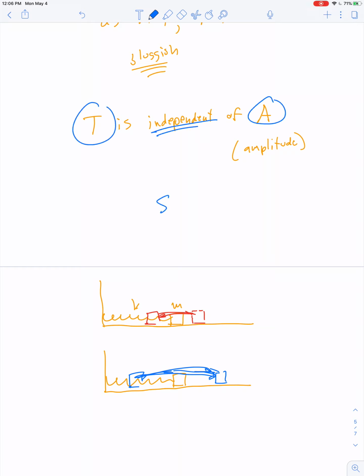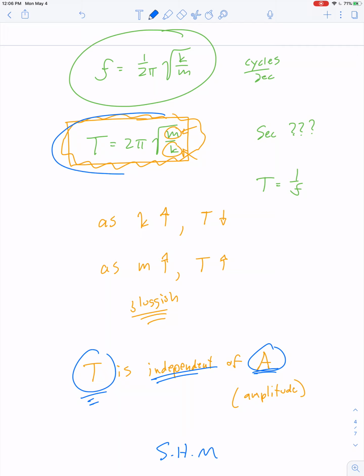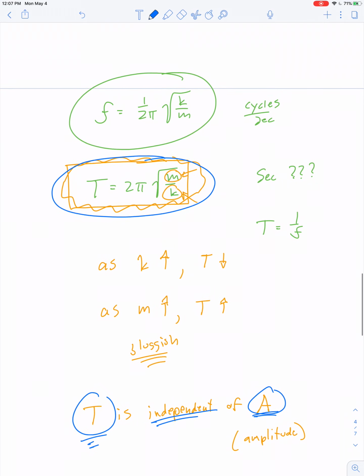So that's a key feature of SHM, simple harmonic motion. For anything that vibrates with simple harmonic motion, period does not depend on amplitude, but it does depend on other key factors such as mass and spring stiffness. So there's an introduction to the behavior of a mass on a spring.